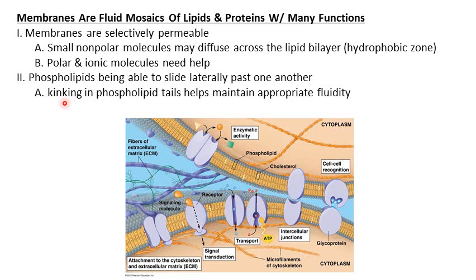As temperatures get cooler, oftentimes we'll change out some of them to where they have a kink. There's a kink in those phospholipid tails, and that helps loosen up the membrane because the membrane's experiencing colder temperatures. Cholesterol is also critical to maintaining appropriate fluidity in membranes as well.